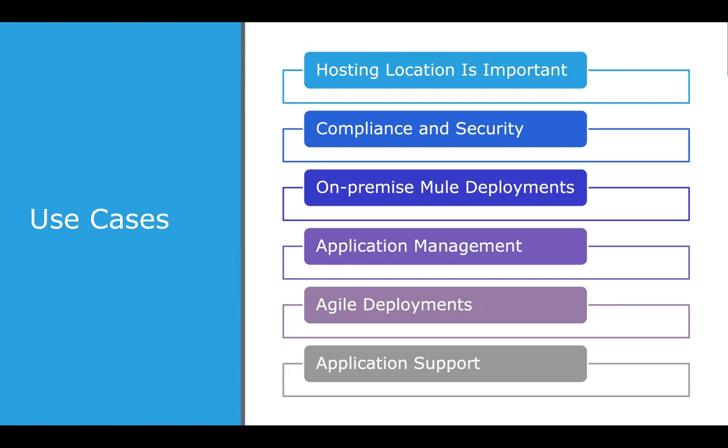And last but not least, application support is a great use case. What Runtime Fabric really does, again, is bring some of those great cloud benefits in terms of enabling non-technical users and ease of use and ease of management to an on-premise deployment. So if you want to enable your non-technical staff to be able to easily support your applications that are deployed on-premise, Runtime Fabric is a great option for you.